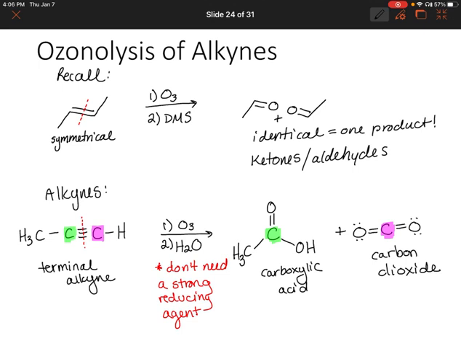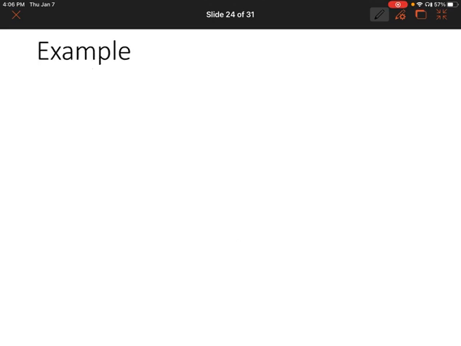Now, this is a terminal alkyne, so what if we had an internal alkyne? What would we produce? So let's see what happens. Okay, so let's draw an internal alkyne. And I'm going to draw an asymmetrical one just to make it a little more challenging.